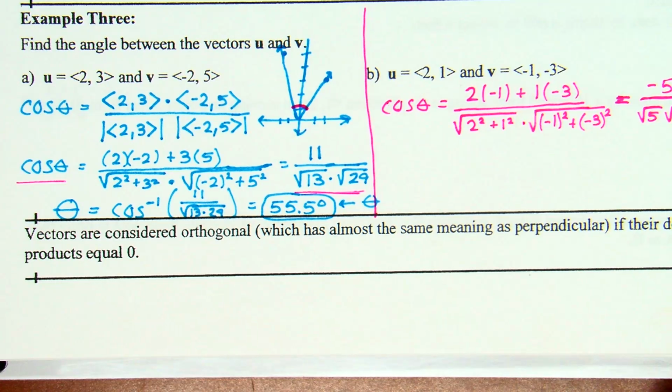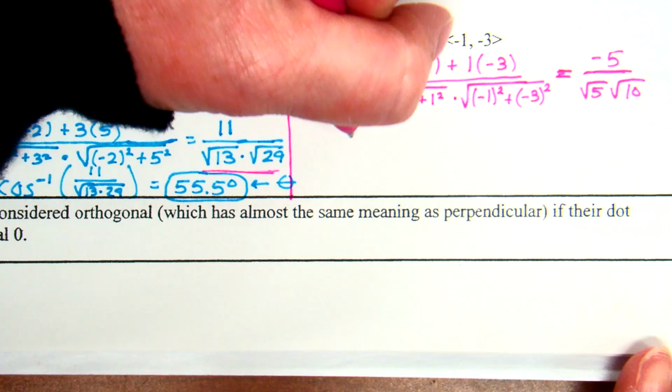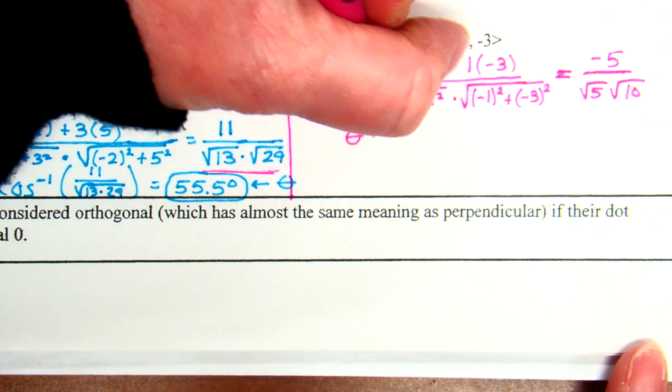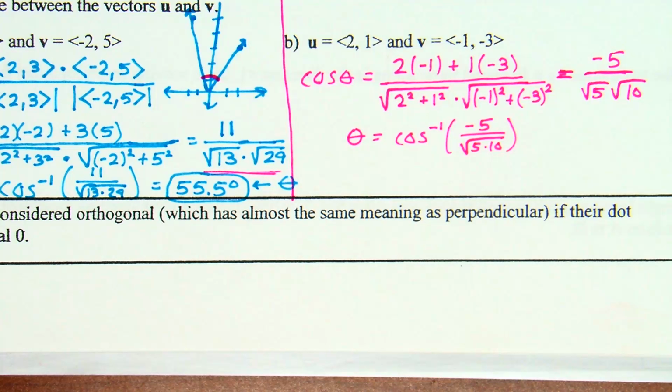Okay. How do I set this up to finish it? Theta equals cosine inverse. We're doing the cosine inverse of that fraction, which really is negative 5 over, if you want, the square root of 50. I just wrote 5 times 10, so no one questions where the 50 comes from.